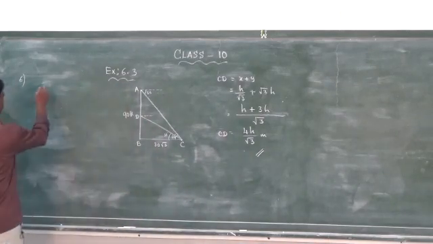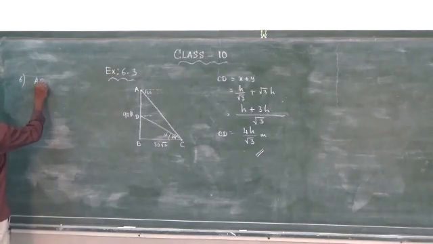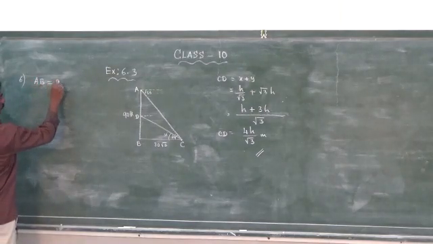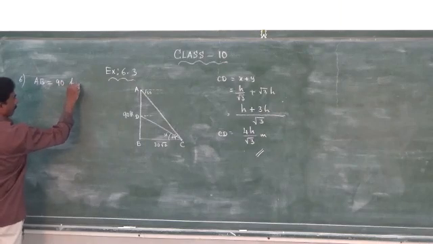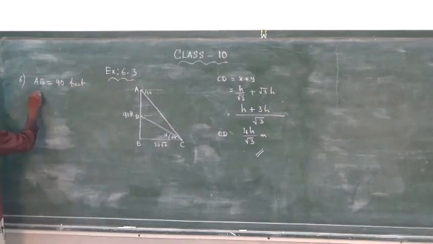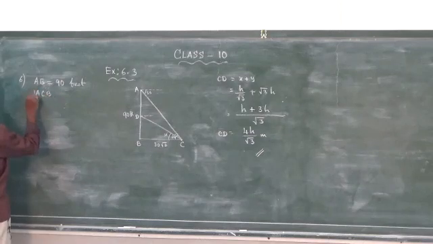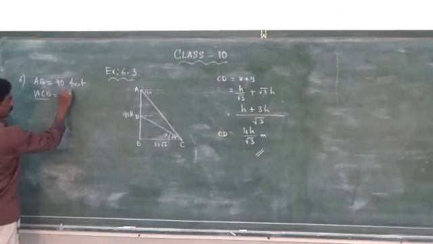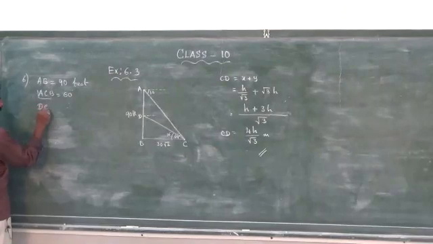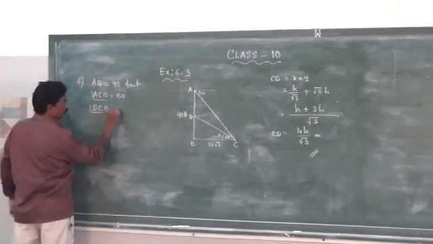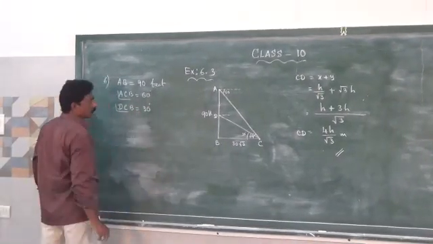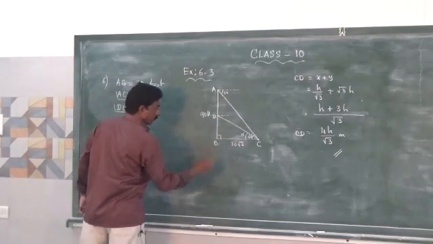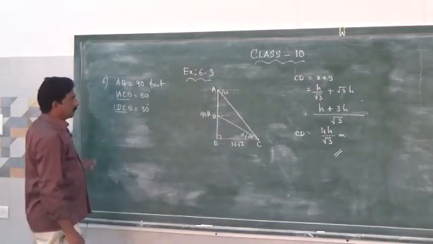So AB is the building, 90 feet. Angle of depression ACB is 60 degrees and DCB is 30 degrees. Now we have to find the speed.